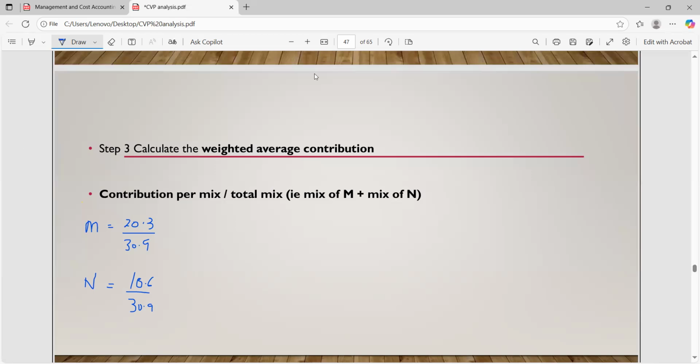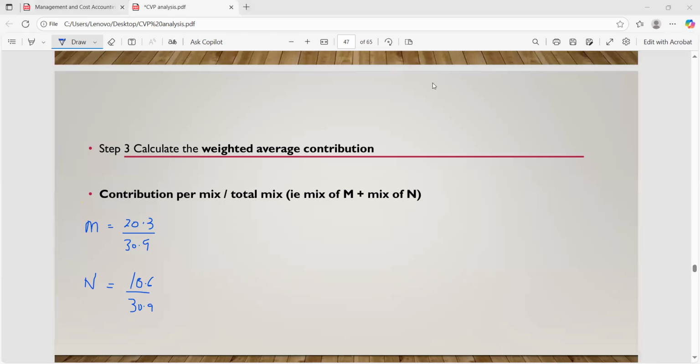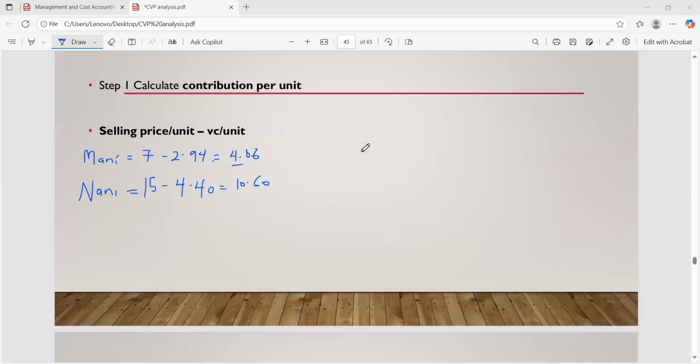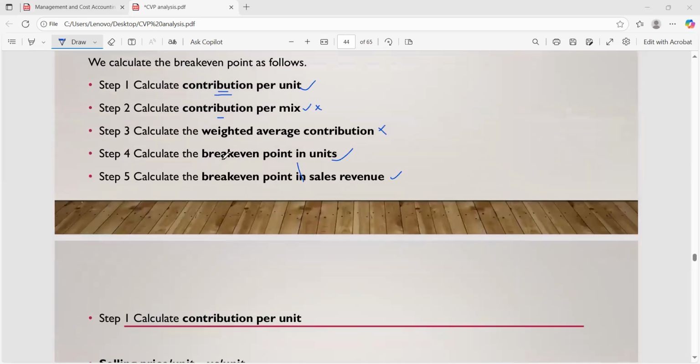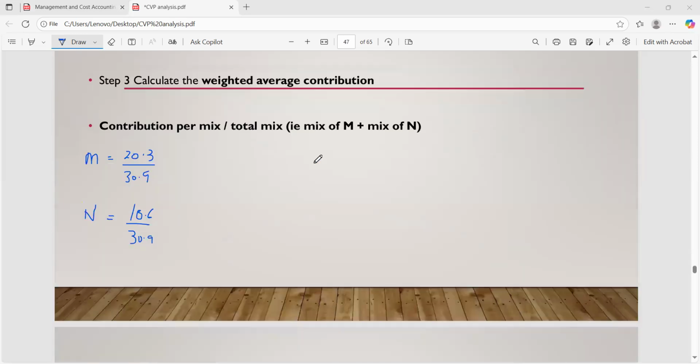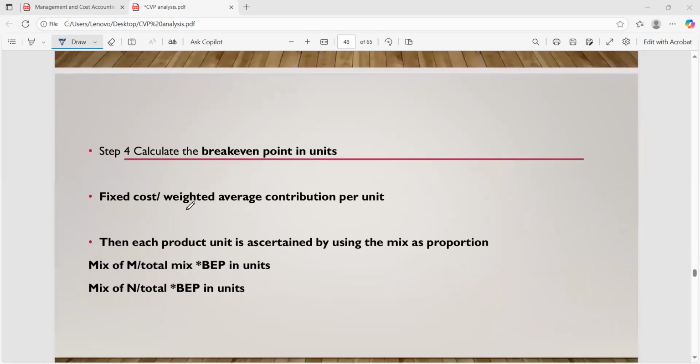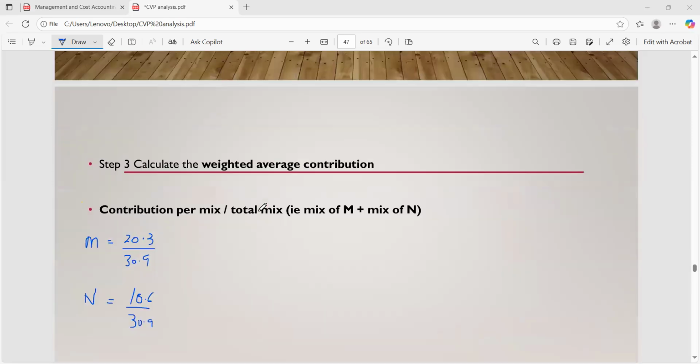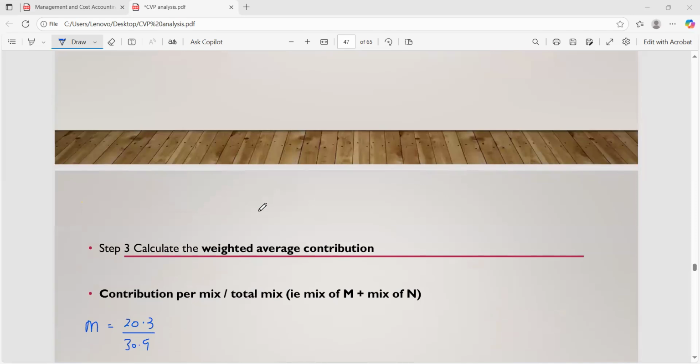All right, so after this, the fourth step says what? You can now go ahead and calculate their break even in units. So let's go and find their break even in units. Fixed cost over the weighted average contribution per unit. So if I pick for M, I pick the fixed cost and divide it by the weighted average.